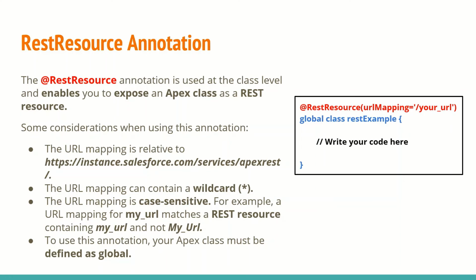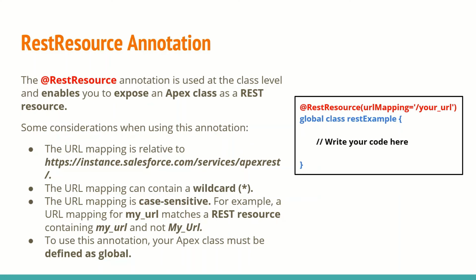For example, a URL mapping of /myurl/* matches a REST resource containing /myurl/ and not /MyUrl/, meaning it is case sensitive. The uppercase or lowercase of that particular character also matters.